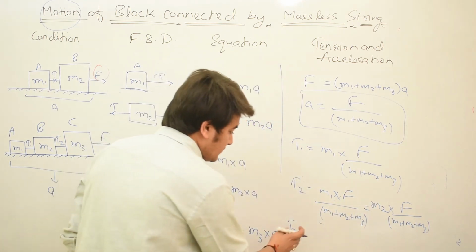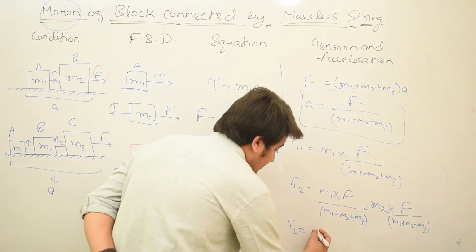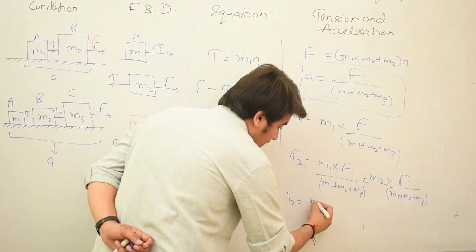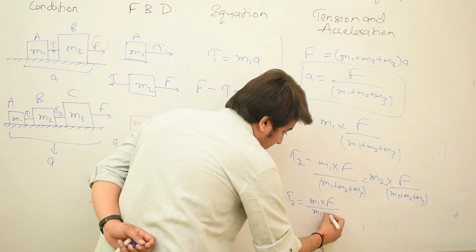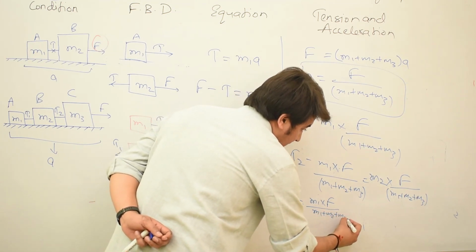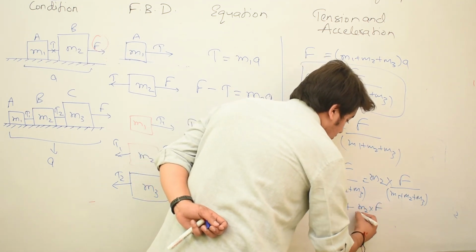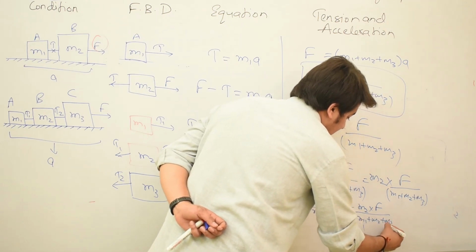That means we have to transfer this value over there. So tension T2 will be equal to m1 multiplied by F, whole divided by m1 plus m2 plus m3, plus m2 multiplied by F, whole divided by m1 plus m2 plus m3. Exactly.